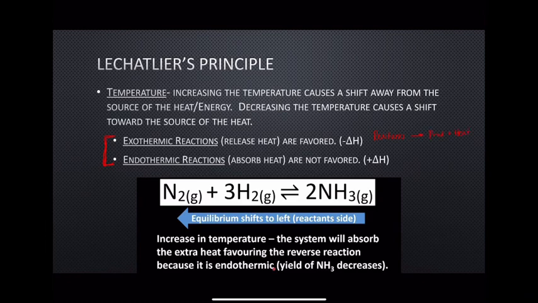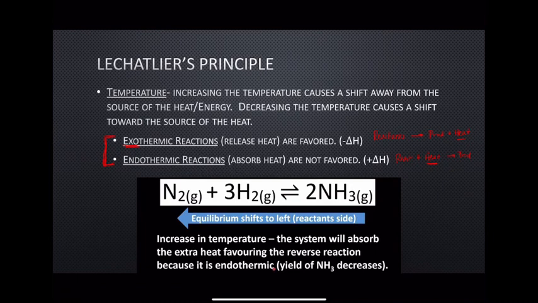So the heat is on the right side of the equation because heat is released, okay? Versus in an endothermic reaction, you have your reactants plus your heat yields products. So over here, the heat is on the left side of the equation.